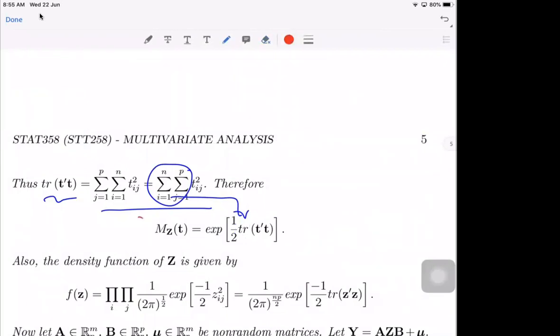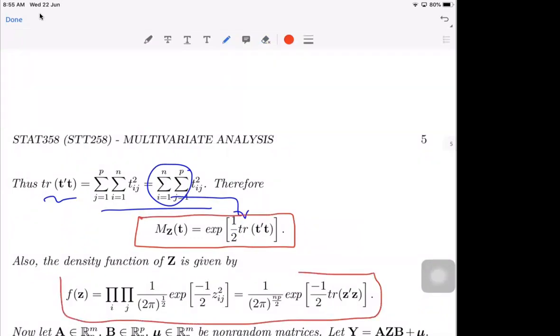This is the moment generating function of the standard normal, and this is the density function for a standard normal. So in the multivariate term, you will have the trace, and then since they are IID, you will have n times p over 2. So a double sum or double product, n times p.